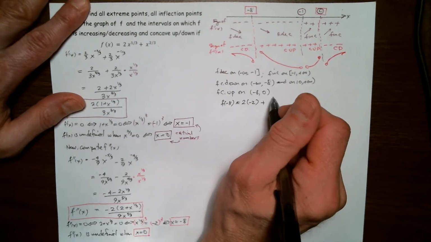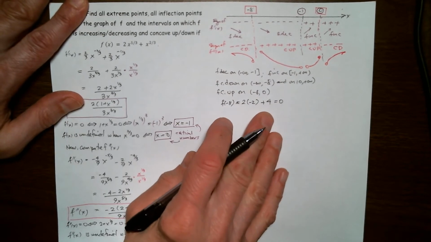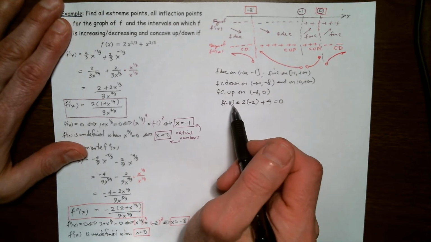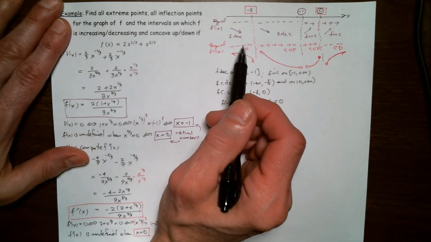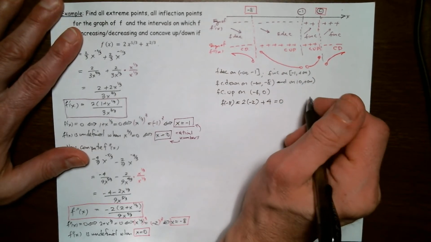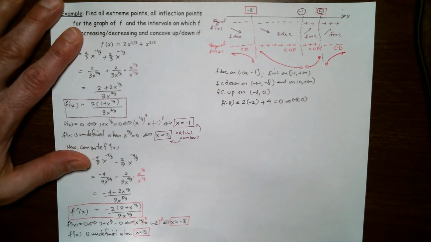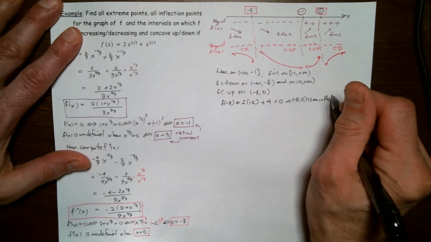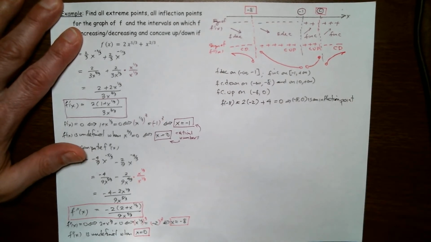The cube root of minus 8 squared, minus 2 squared, is 4. So the value of f at minus 8 is 0. So that means minus 8, 0 is an x-intercept for the graph. And we also see that at that point, the concavity changes. So that tells us that the point minus 8, 0 is in fact an inflection point for the graph of f.